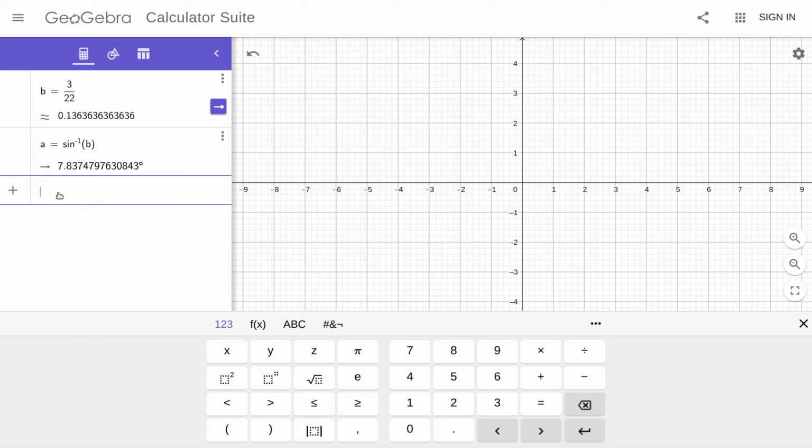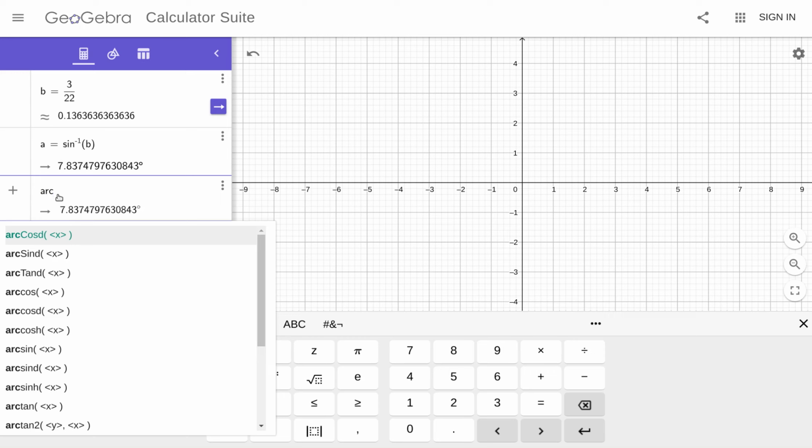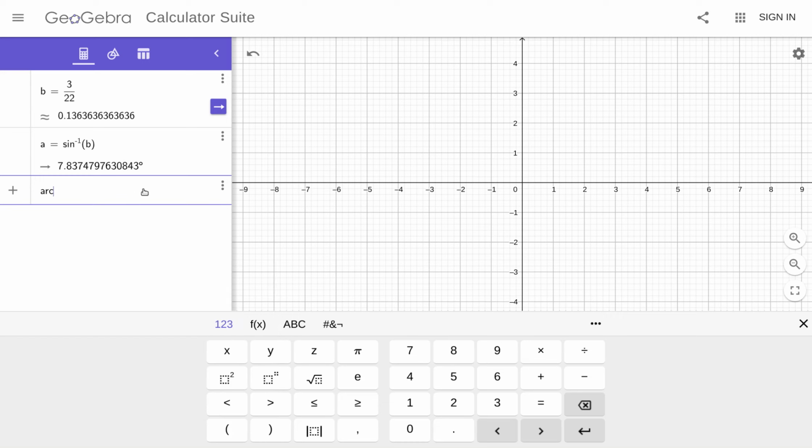But to type it in GeoGebra, if you're going to use GeoGebra, you need to do arcsine. There's all kinds of different options here. Just pick arcsine. This is arcsine degrees, but arcsine gave us the answer in degrees anyway. So this is how we can use GeoGebra as a calculator.